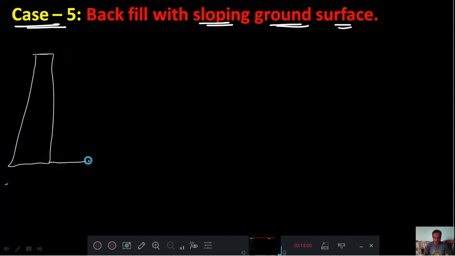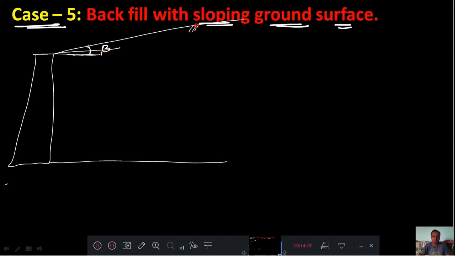The hard strata will be here, but this ground surface will be inclined, and the angle with respect to the horizontal surface, this inclination we will call beta. That means your ground surface is at this level.